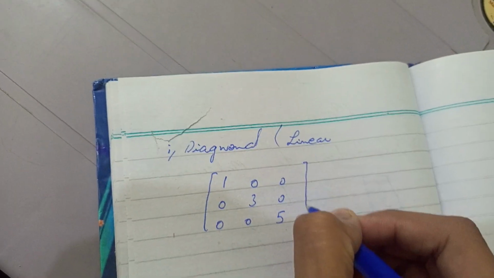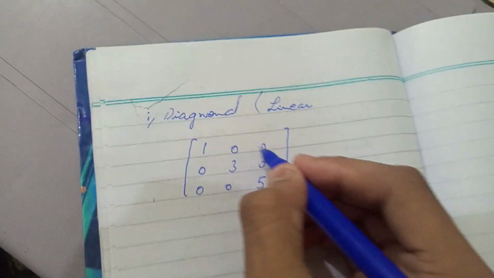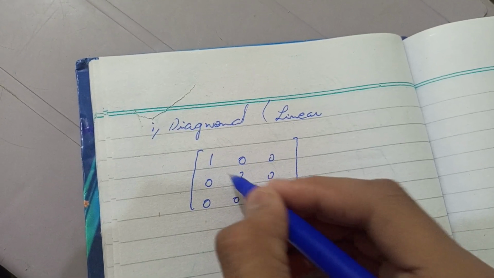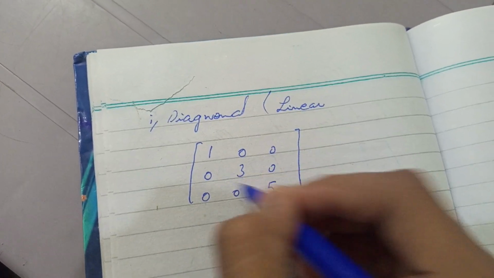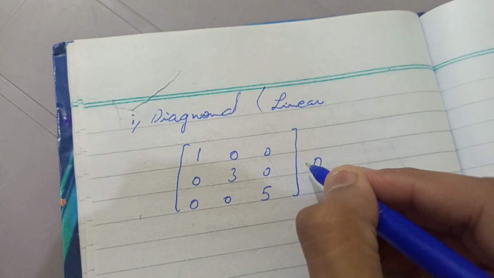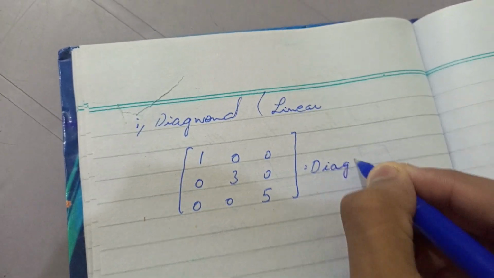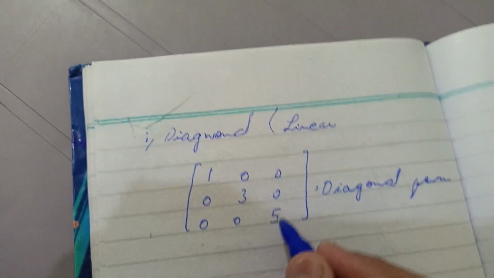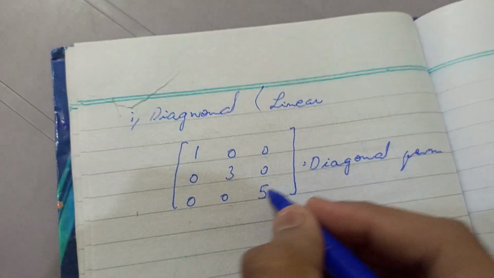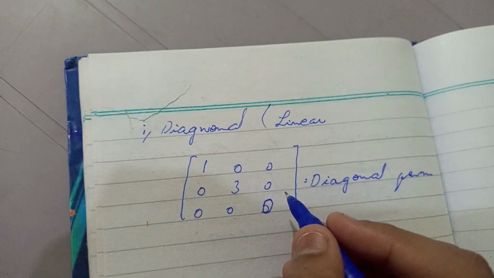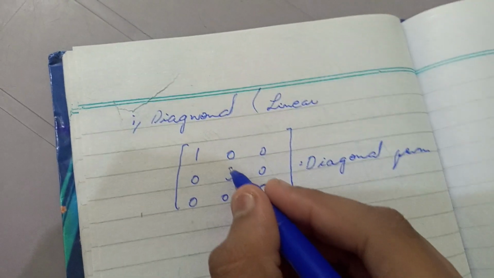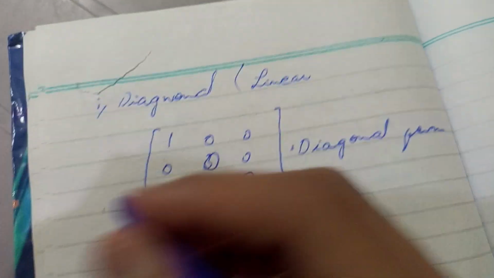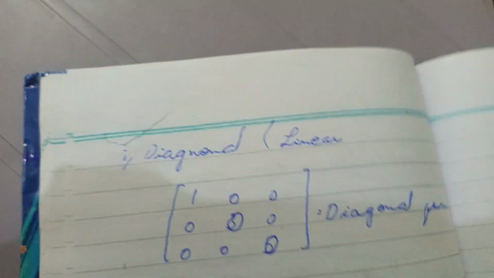As you can see, there are zeros on the upper and lower sides, but in the middle there are only the diagonal entries 1, 3, 5. This is called the diagonal form. If you don't have 5 and have only 0, it is also called diagonal form, no problem. If you have only 1 and there's 0, it is also a diagonal form.